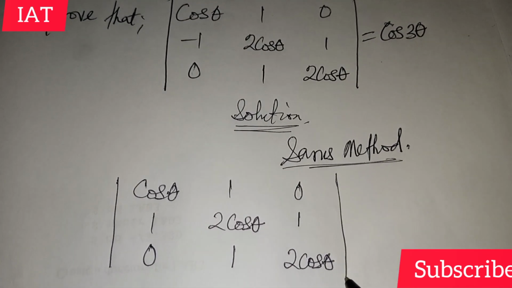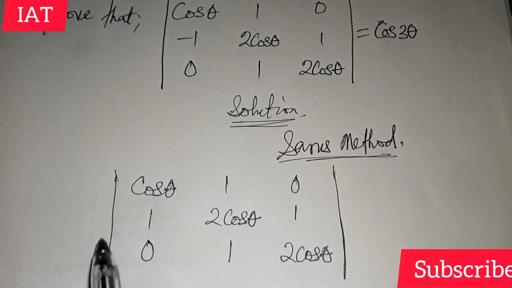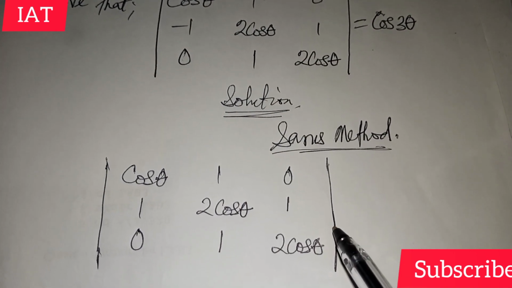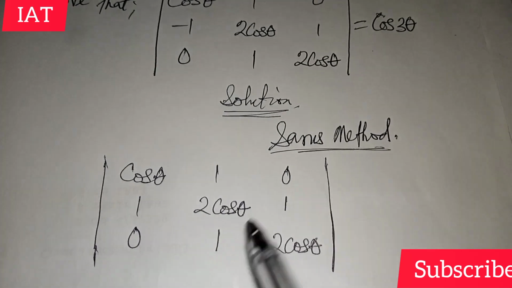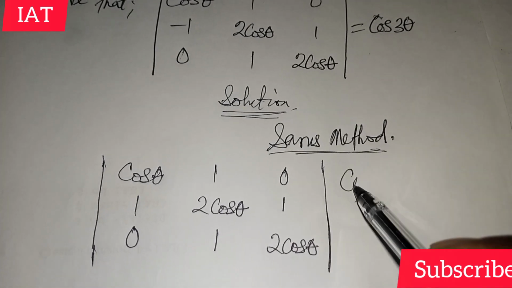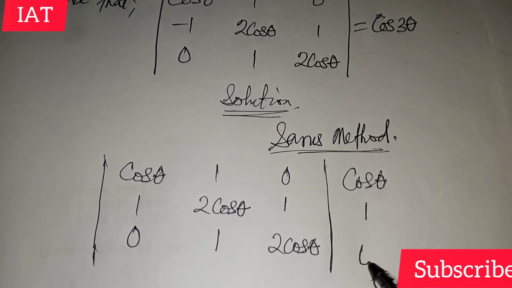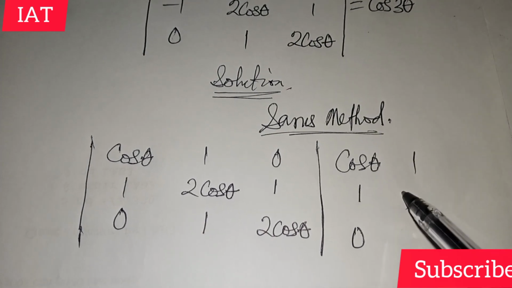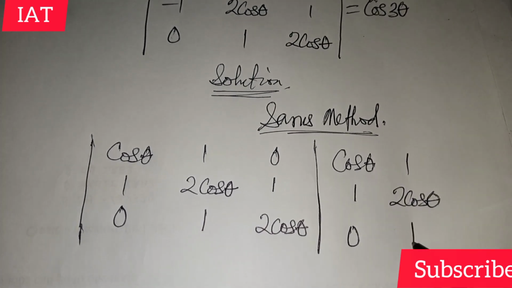So I'll close the modulo sign, cover the line, and then duplicate this, rewriting the first and the second column. So I'll bring it forward to be cos theta, 1, 0, and I will have also 1, 2 cos theta and 1.